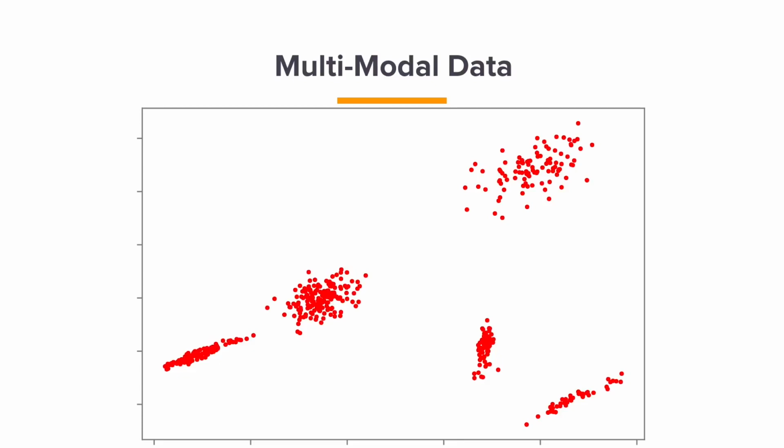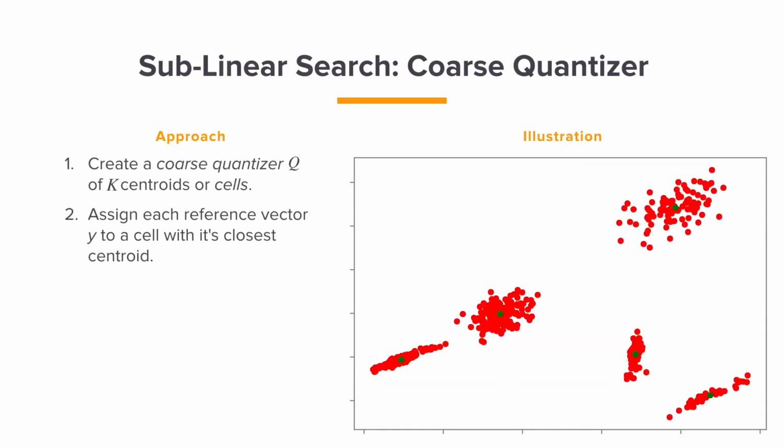They did this with what's called a coarse quantizer. So they built two quantizers. The first one, they just run k-means with a really low k on the raw data. Here I've run it for k equals 5. The means are shown in green, and that gives you this really coarse quantization.